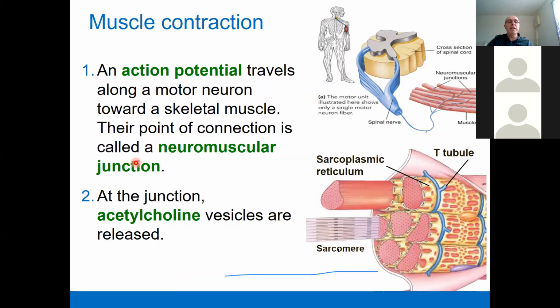Their point of connection is called the neuromuscular junction, the junction between neuron and muscle. Once the action potential reaches this neuromuscular junction, it results in the release of acetylcholine from its vesicles. This is the second step.